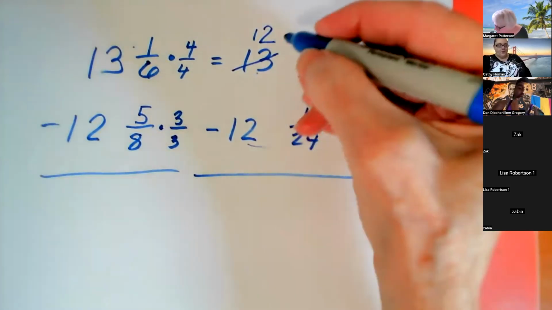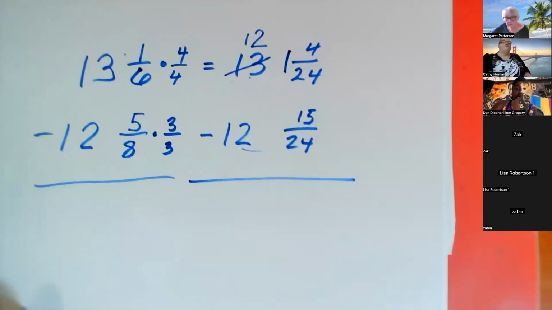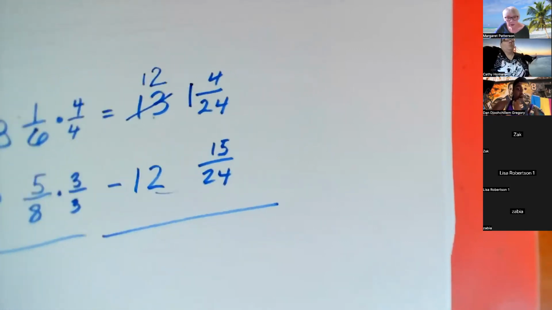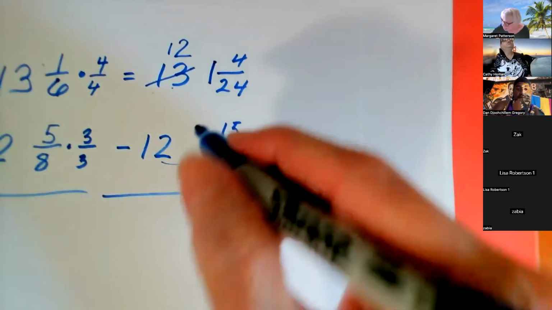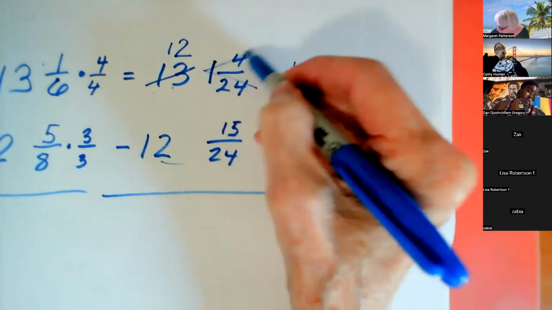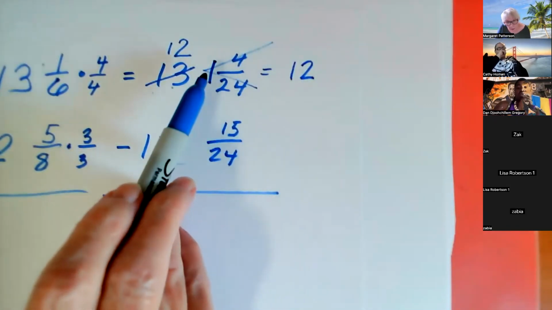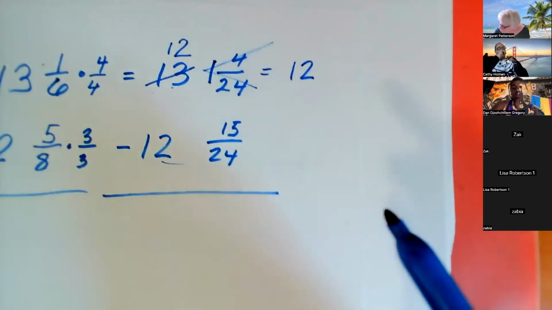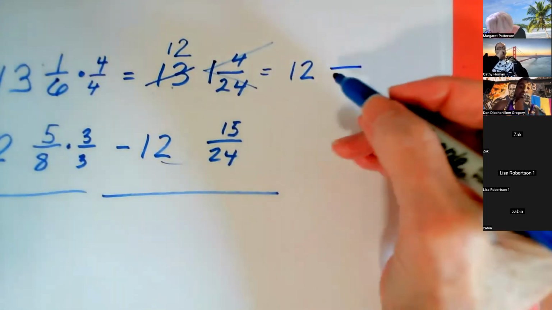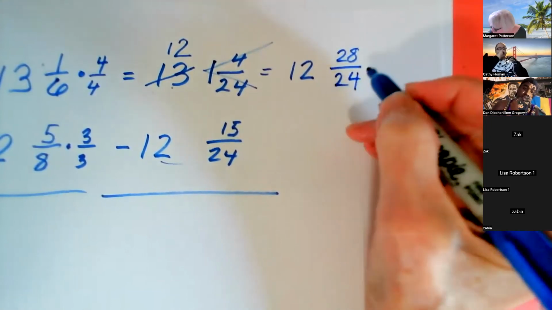The one that we borrowed comes over here. Move this over just a little bit. So this becomes 12, and then we make that an improper fraction. 24 plus 4, how much? 28. 28 over 24.